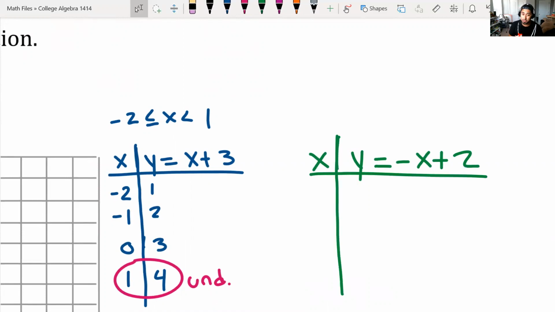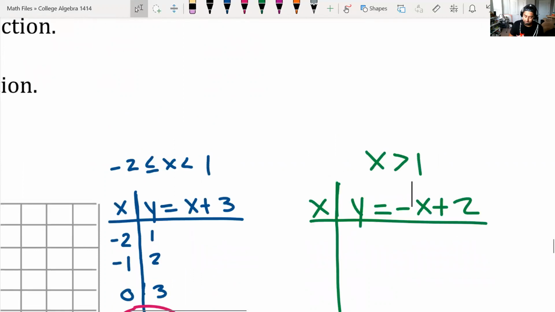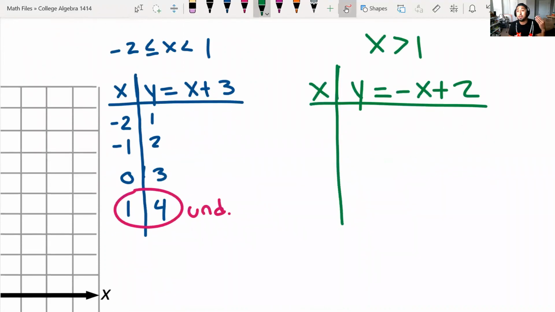I'll put the restriction right above it, x greater than 1. And once again, it's telling us what numbers to use. We are going to start at 1 and go greater than 1. 2, 3, 4, 5. Perfect.